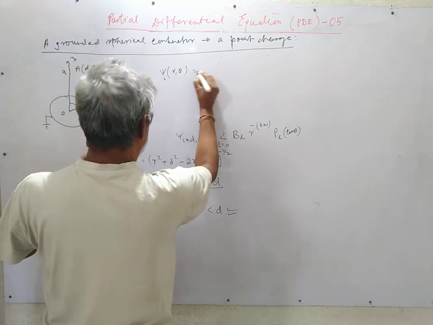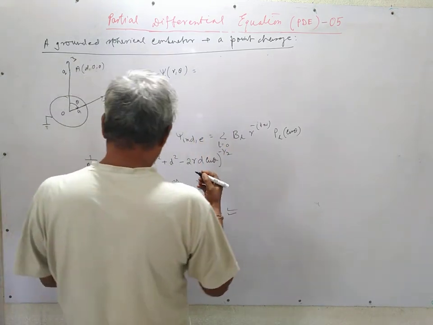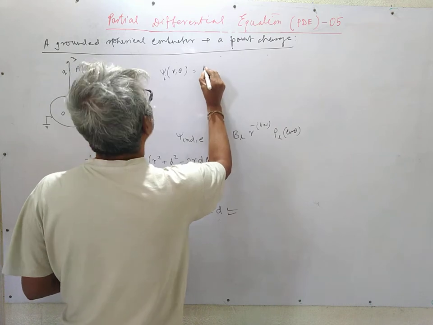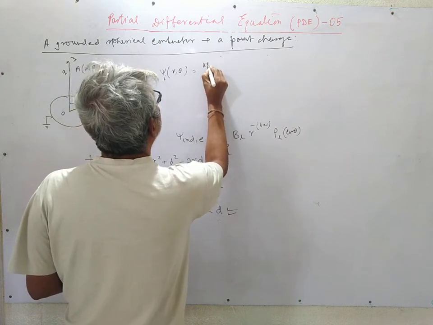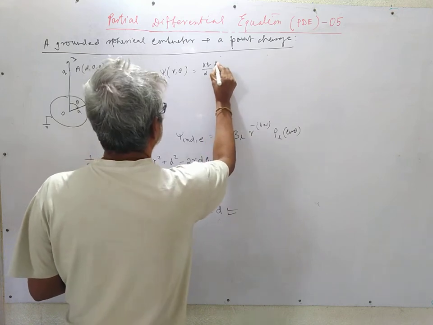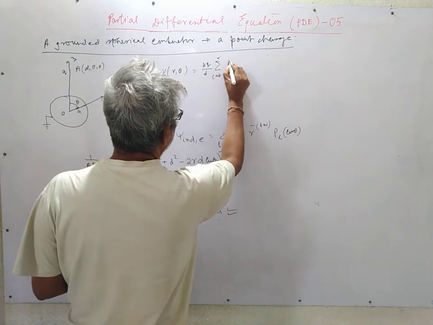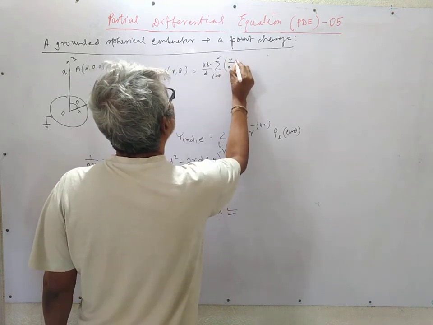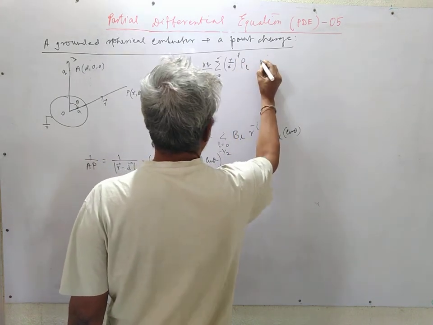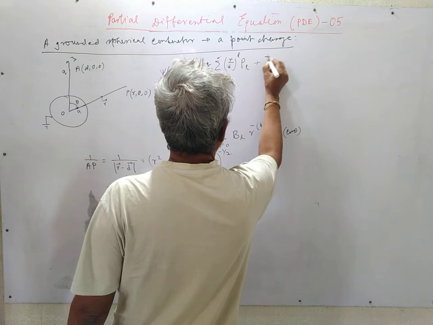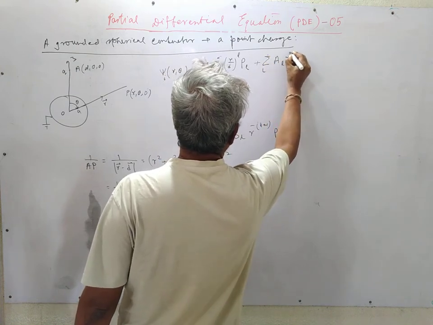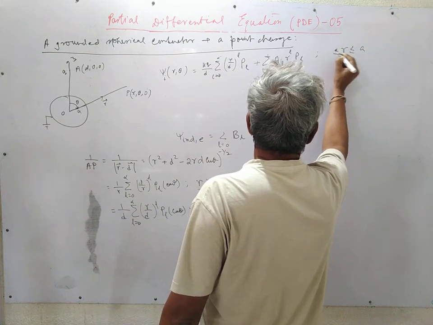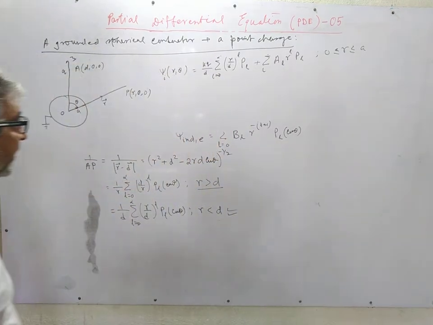So for the internal region, this is kq by d summation over L equal to 0 to infinity (r by d) to the power L PL of cos theta plus summation over L AL r to the power L PL of cos theta, for r less than a, greater than 0. This is the solution for internal points.